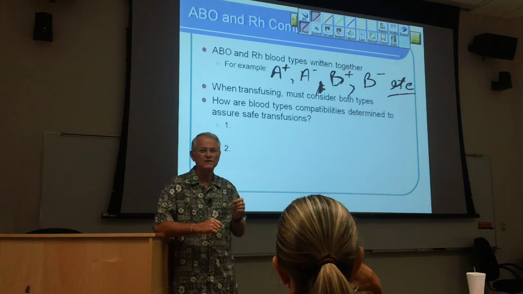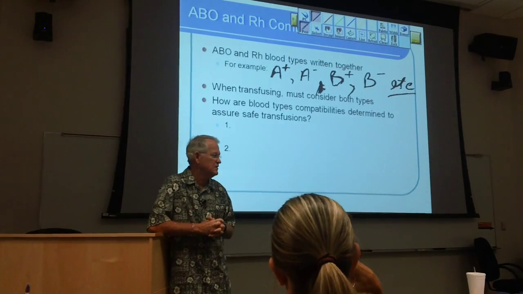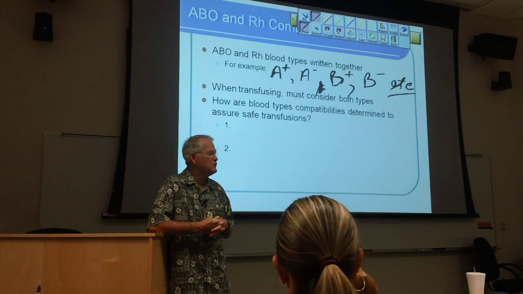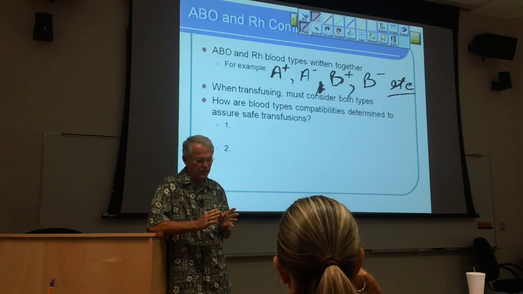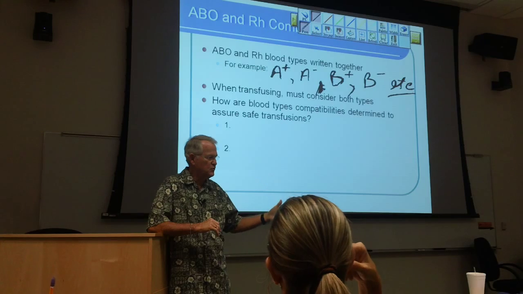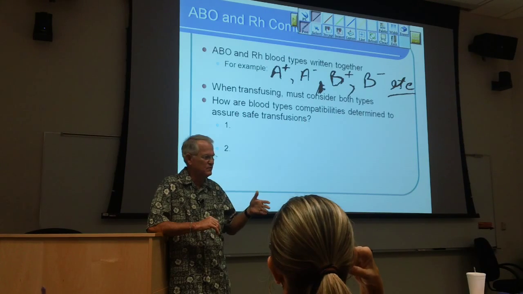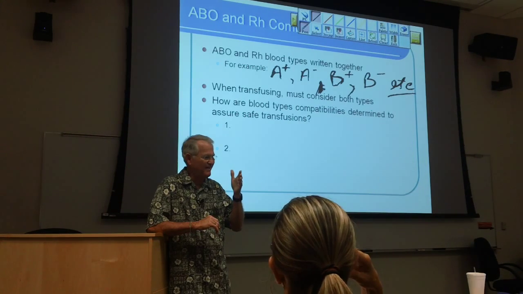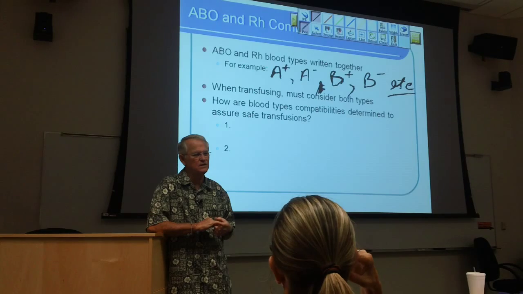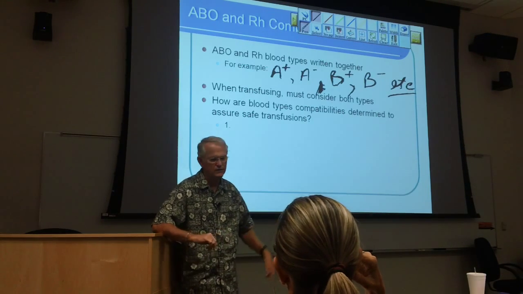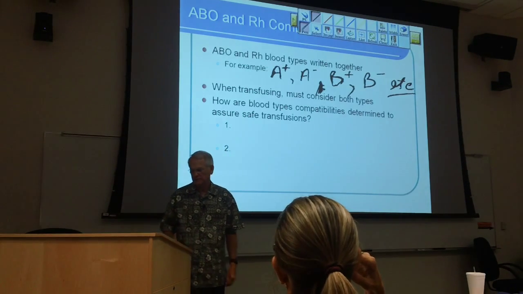So AB positive is called what? Universal receptor. When I say true, it's because you're taking into consideration both ABO and RH. It's the true universal, what are we going to say? Recipient, right. AB positive is the universal recipient, O negative is the universal donor.